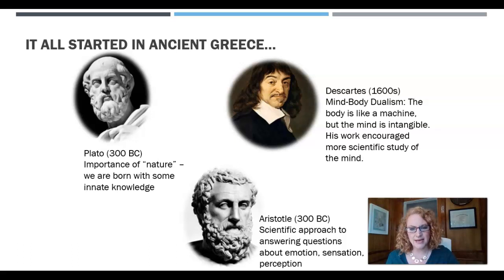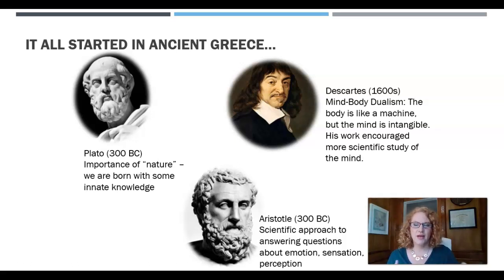He wasn't using the scientific method. That comes much, much later, but he was the first one to begin to think systematically about how we can think about these basic human experiences. Fast forward to the 1600s and we get to Descartes. You may remember from philosophy class that Descartes is a dualist, a mind-body dualist.